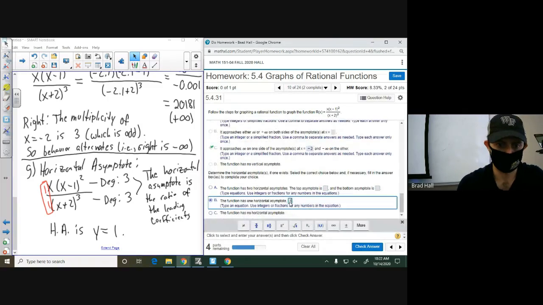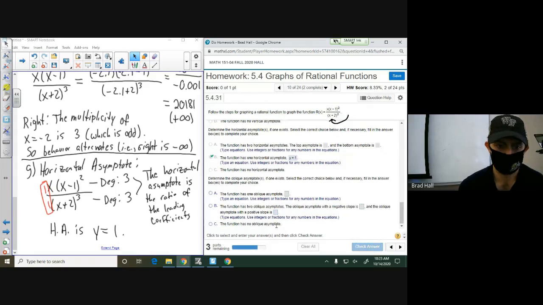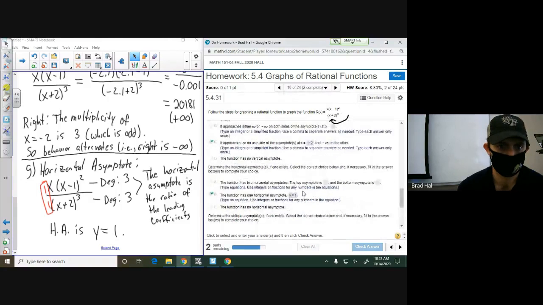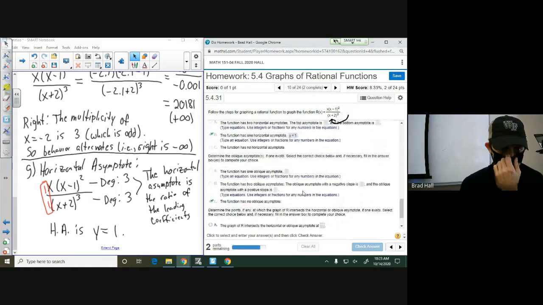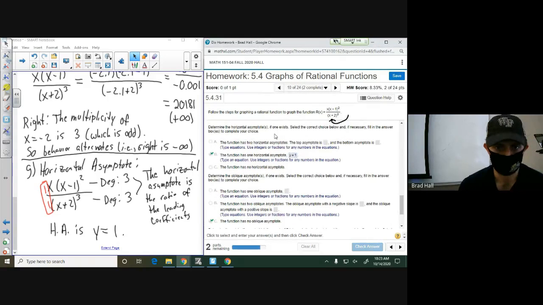So you have to put it as y is equal to 1. There's only 1, and there's never an oblique asymptote, so don't worry about that one.